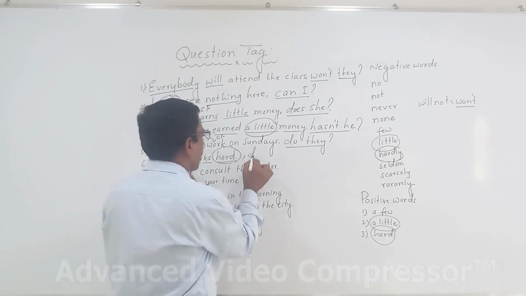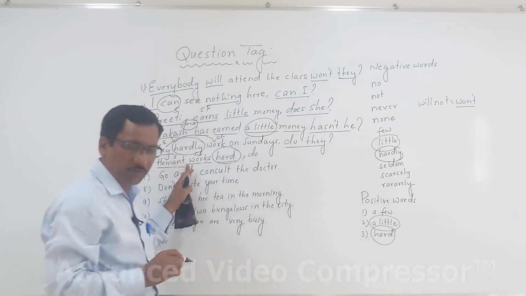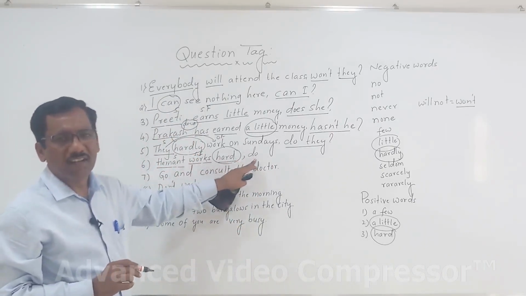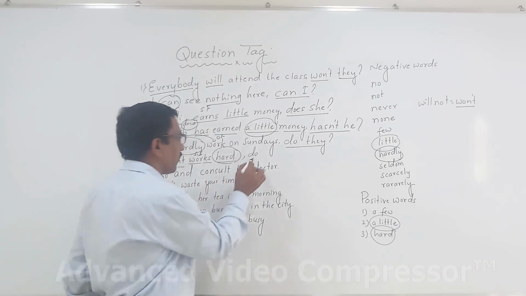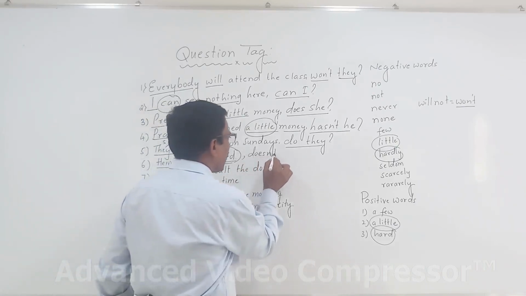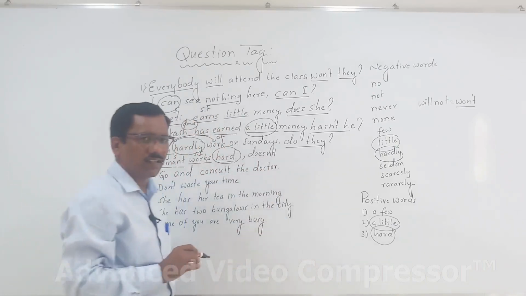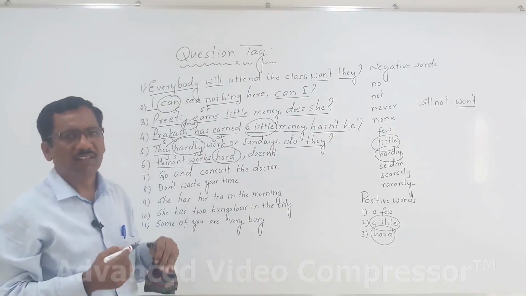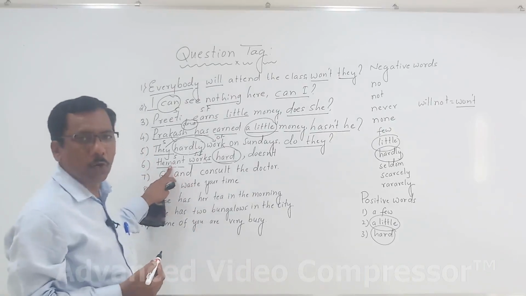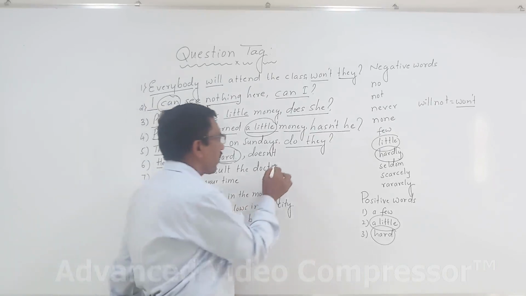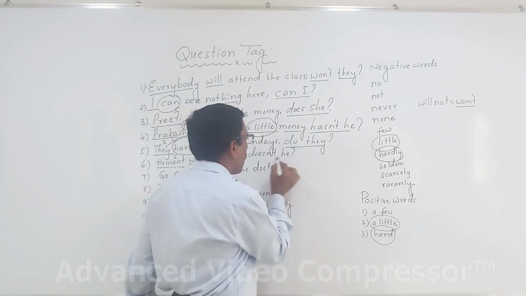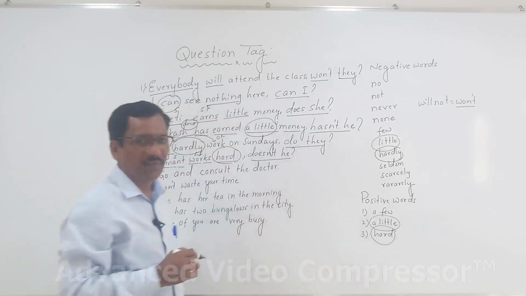Here, does. The sentence is positive, so we have to write a negative question tag. Does not, short form is doesn't. Instead of Hemant, we have to write he as a pronoun here, doesn't he?